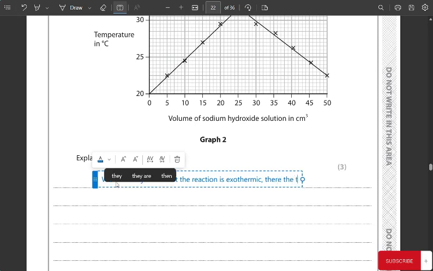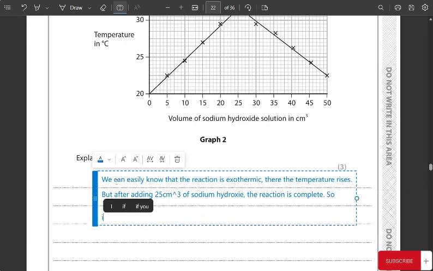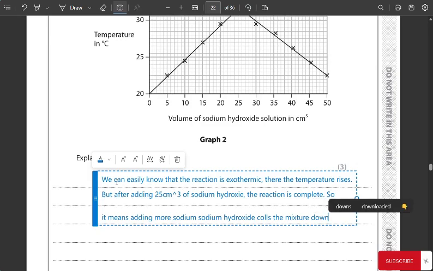Therefore, the temperature rises. But after adding 25 cm³ of sodium hydroxide, the reaction is complete. So adding more sodium hydroxide cools the mixture down.